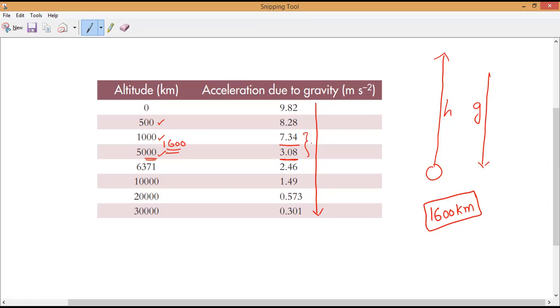So definitely our g value will come between these. We will solve it and prove whether our answer is correct. Remember that value: it should come between 7.34 and 3.18. Then our answer is correct.